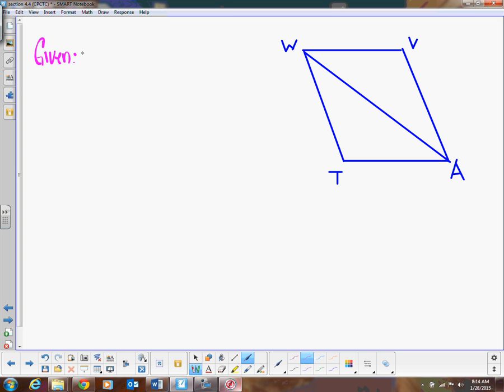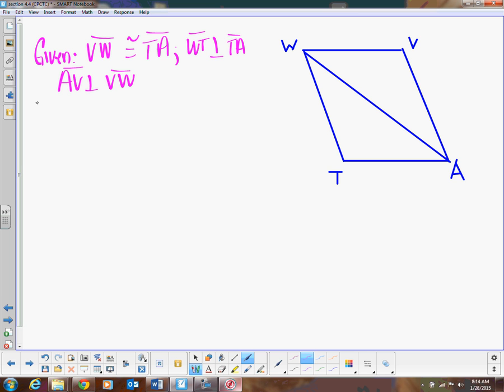And we are given that VW is congruent to TA. And you were given that WT is perpendicular to TA. And you were given that AV is perpendicular to VW.